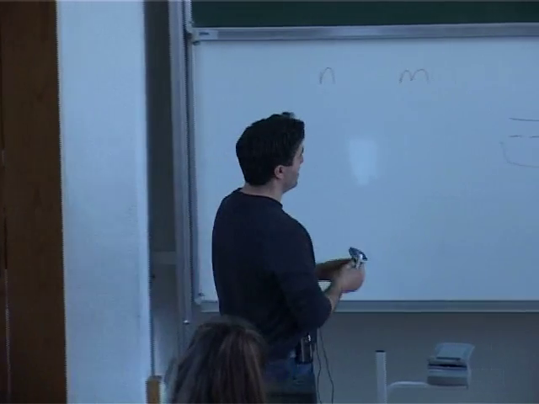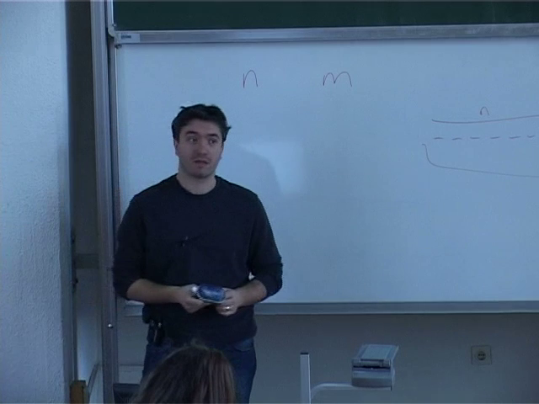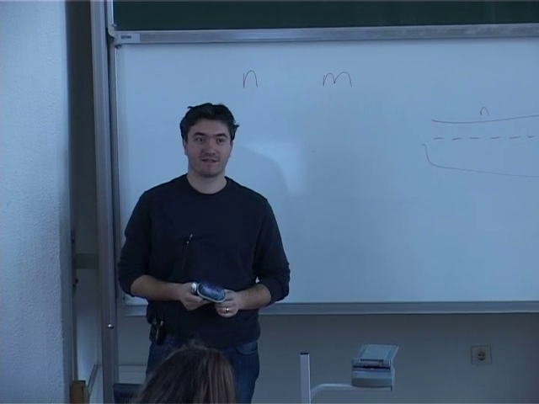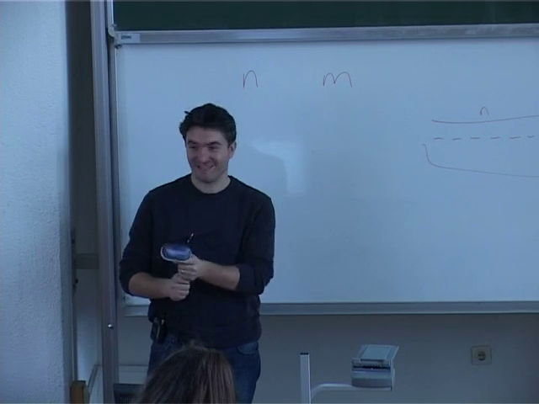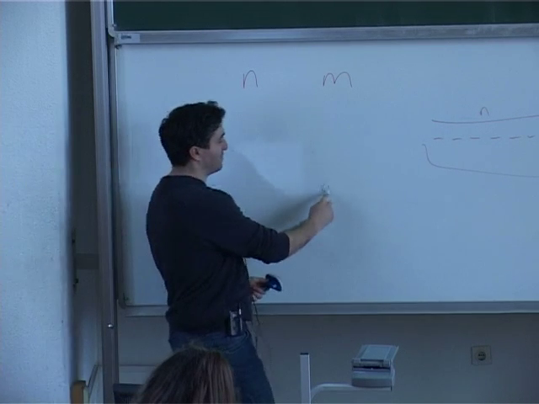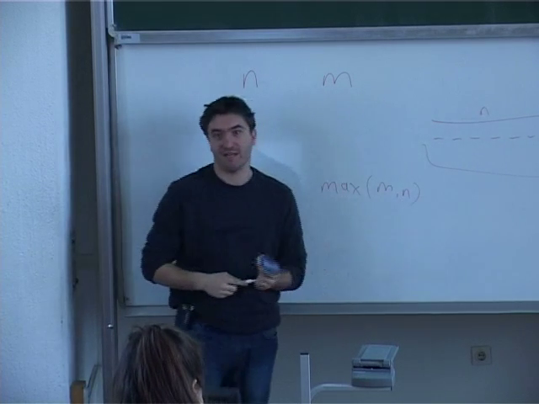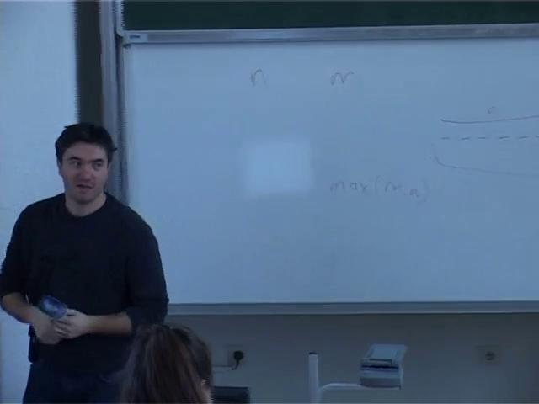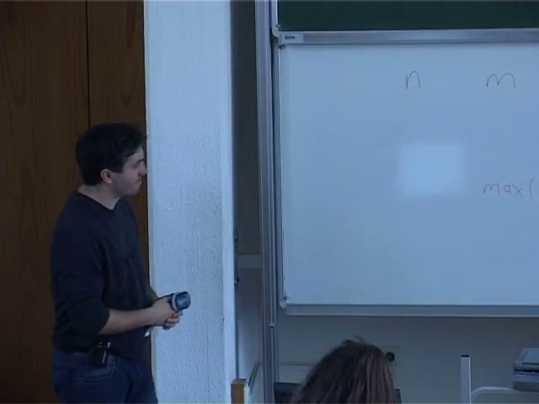And what is the minimum length of the alignment? Exactly. The minimum length of the alignment is the maximum of m or n. Whichever is larger, that's the minimum length of the alignment we are going to get.